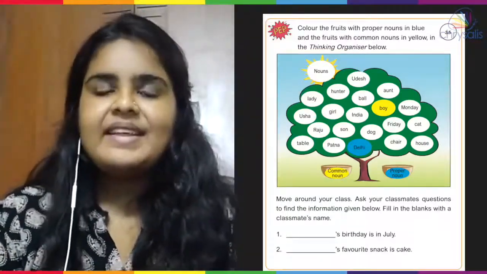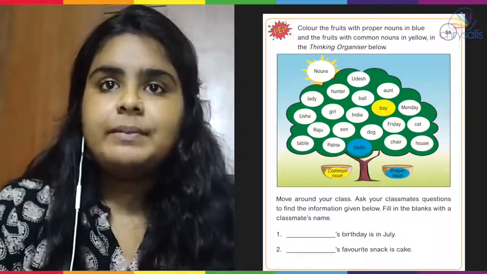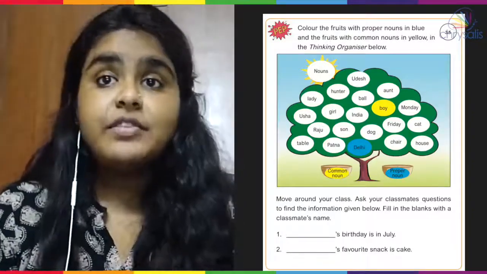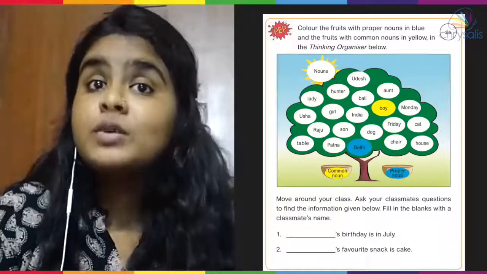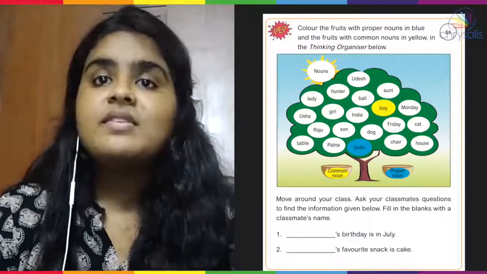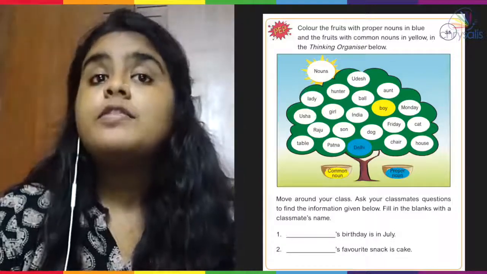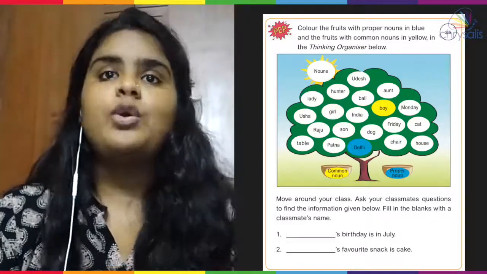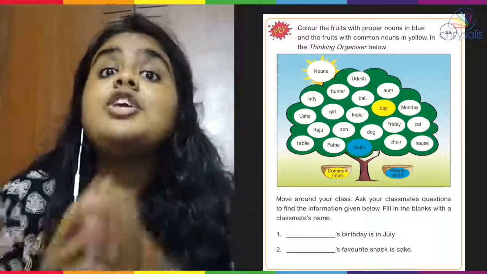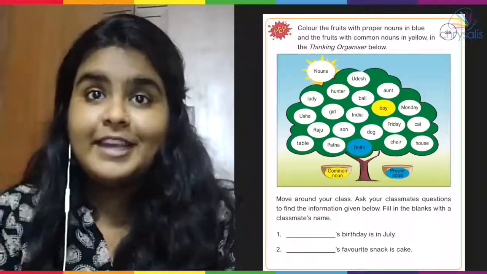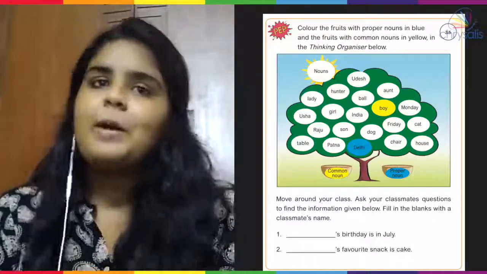Okay children, look at the activity. I will read out the instructions for you, or you can read along with me. Color the fruits with proper nouns in blue and the fruits with common nouns in yellow in this thinking organizer, okay? Here is a huge tree, if you see your screen, having fruits of common and proper nouns.